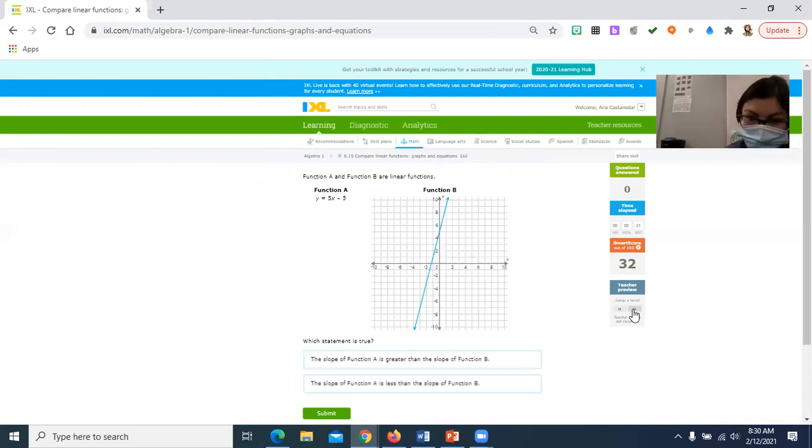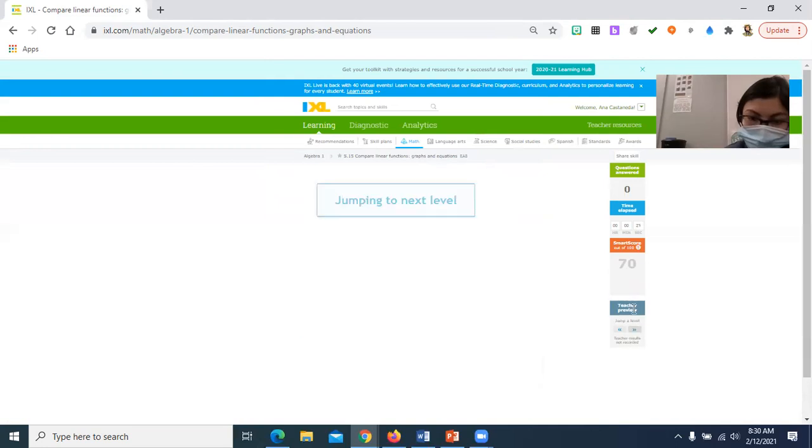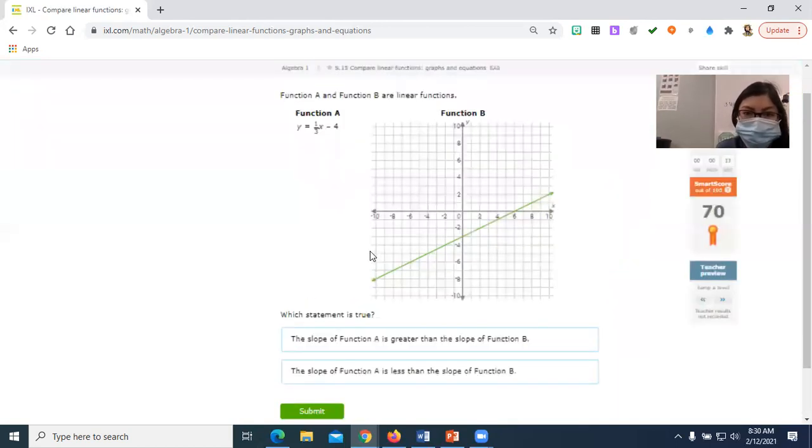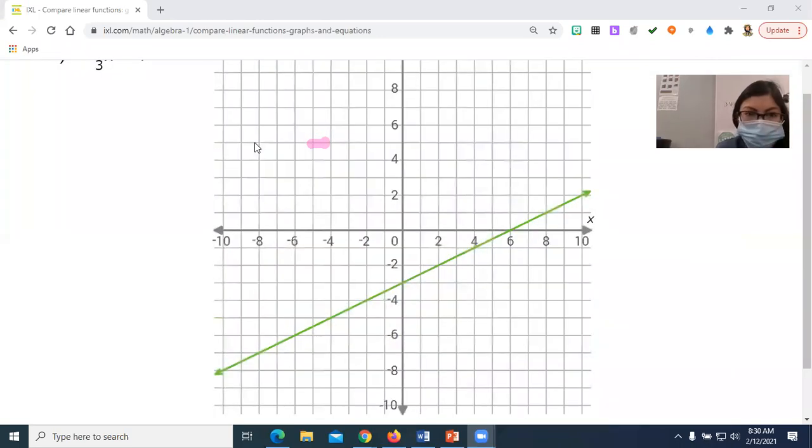It says slope, still says slope. Okay, I'll do this one because sometimes fractions can be a little bit confusing. So for this one, I see how many x's there are, and it says 1/3. Here, I'm going to pick 2 points. You can't just look, and sometimes you already know.